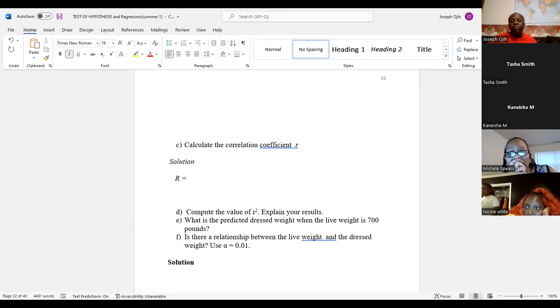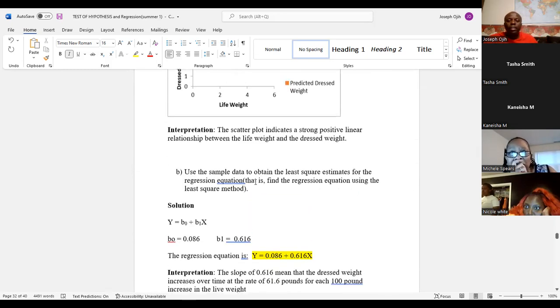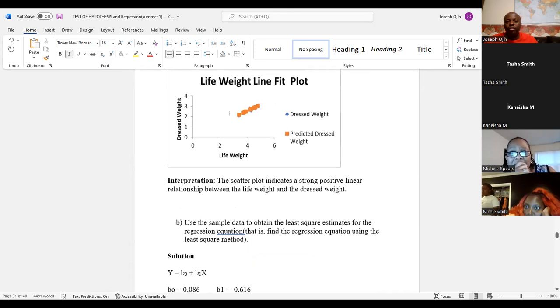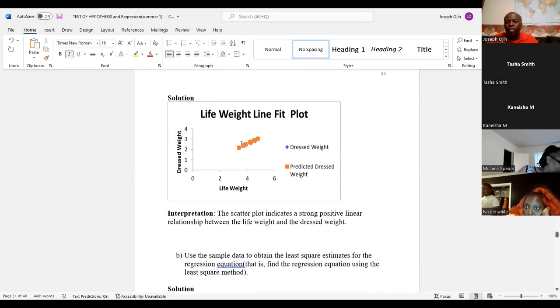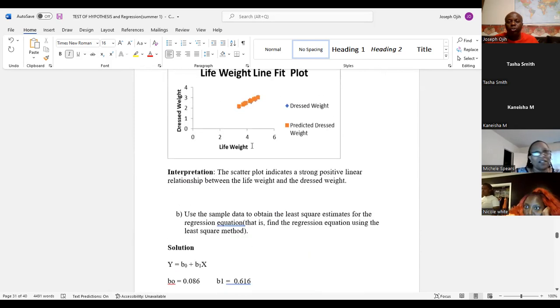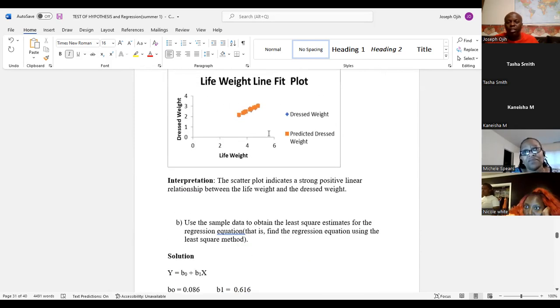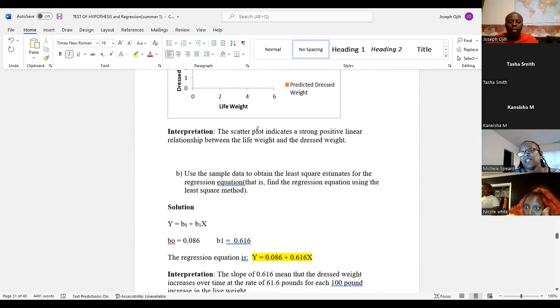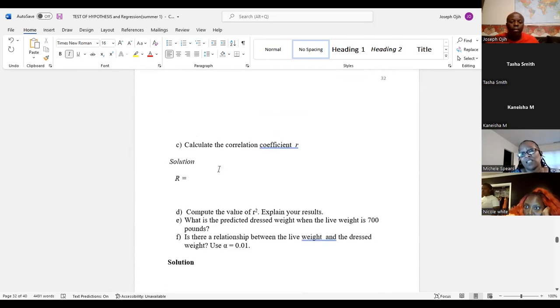If you look at our scatter plot, you can see that it shows a positive linear relationship between our live weight and dress weight. So our R will be positive. If it showed a negative relationship, trending down this way, then our R will be negative.